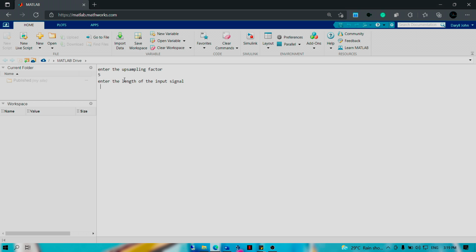For the previous experiment, which we performed downsampling, we have 100. So for our input signal here, we want that to be lower in order to see what is the difference between upsampling and downsampling. So with this, we want to actually input, I guess, 9 for our input signal.